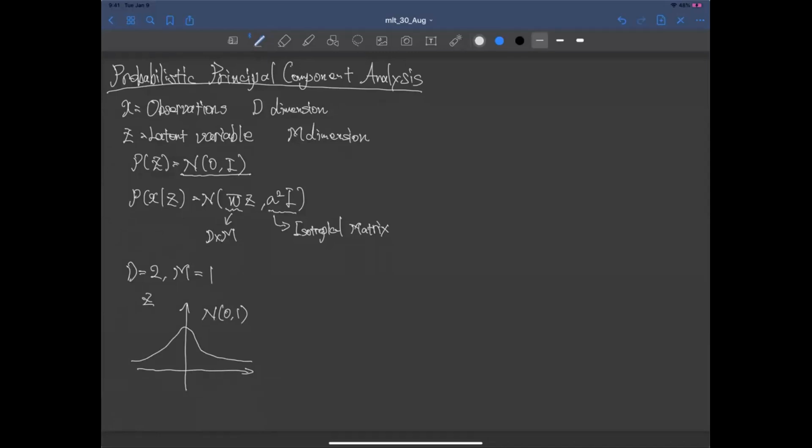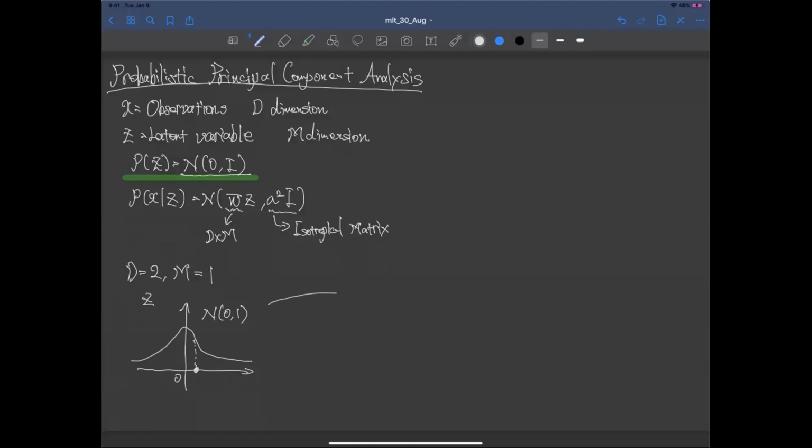For the generative process in probabilistic principal component analysis, first Z is sampled from this distribution. Let's say we got the sample here.